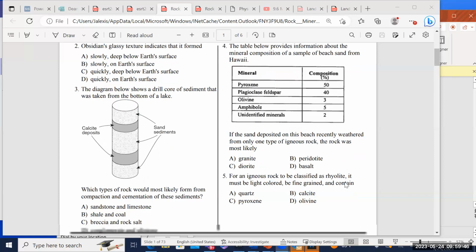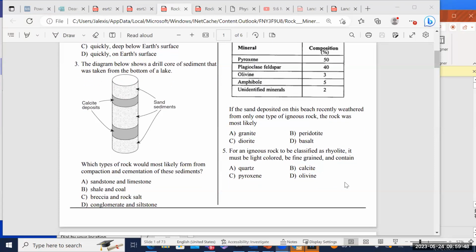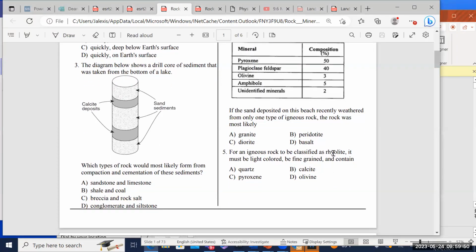Number 5 says, for an igneous rock to be classified as rhyolite, it must be light colored, fine grained, and contain blank. One interesting thing about all of these terms is that these are all minerals, and it tells me that it's an igneous rock, so it has to be a mineral from the igneous rock section.